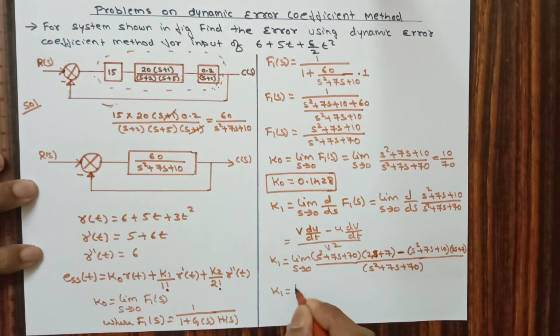So k1 is equivalent to limit s tends to 0.